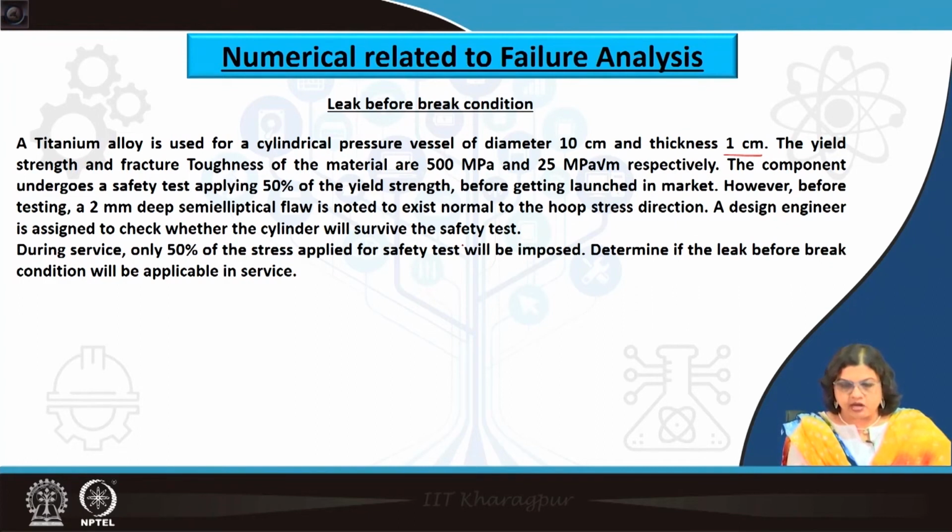There is another part of this problem which says that during service only 50% of the stress that is applied for the safety test is imposed. So, that means for the case of service, it is actually half of whatever has been applied for the safety test. And we need to determine whether the leak before break condition will be applicable in service or not. So, let us first solve the safety test criteria.